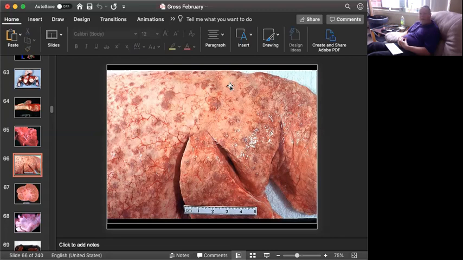The two lungworms that you want to know in sheep and goats are Muellerius capillaris and Protostrongylus. Protostrongylus, the adults live in the airways. In Muellerius, they can be all mixed up in the airways and sometimes in the alveoli as well. But just a fantastic case of Muellerius capillaris in this sheep.